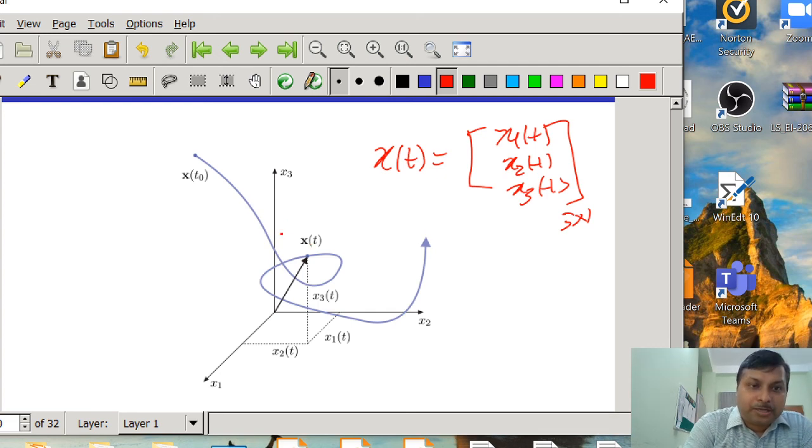From any initial conditions, the state trajectories evolve with respect to time. Any point on the trajectory represents the state at time t, that is x1(t), x2(t), and x3(t). So this is the concept of state space.